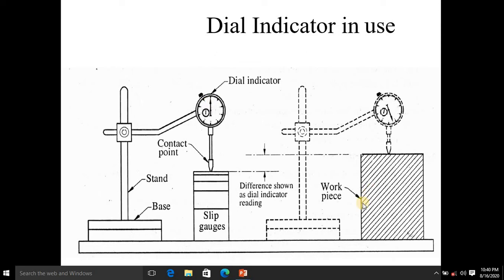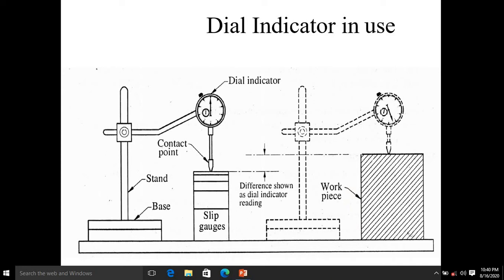If there is some deviation between the workpiece and slip gauge, then the dial gauge will give the deviation from the actual measurement. So by adding or subtracting the slip gauges, we can find out the exact measurement of this particular workpiece.